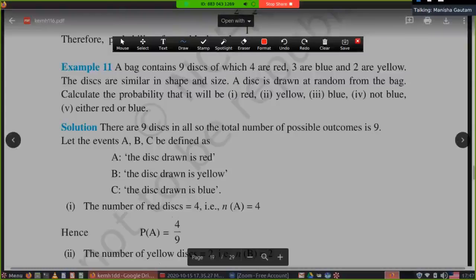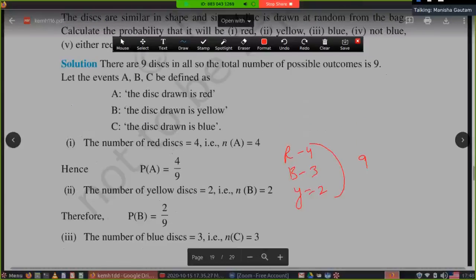Solution of the first part. Before we go for that, first of all, total discs are 9. Red are 4, blue are 3, yellow are 2, and total are 9.